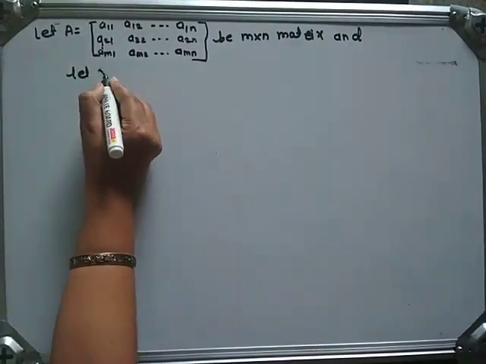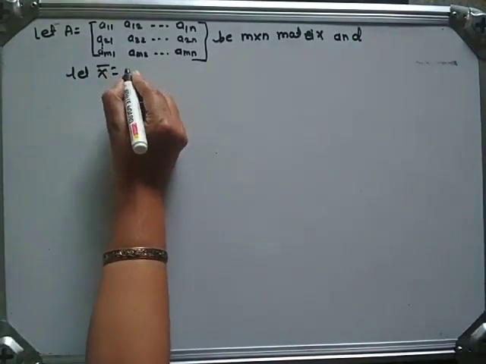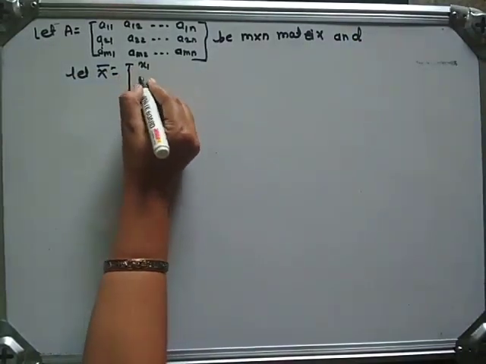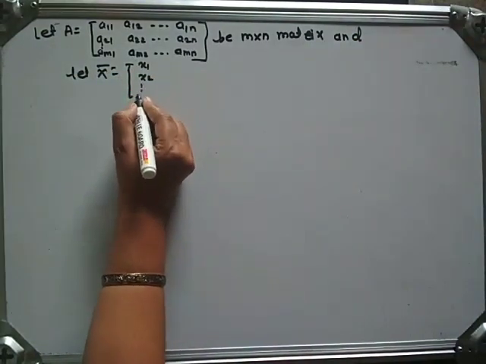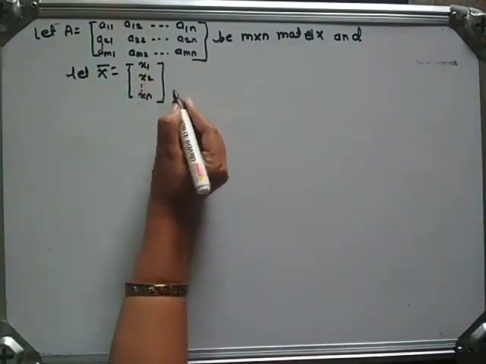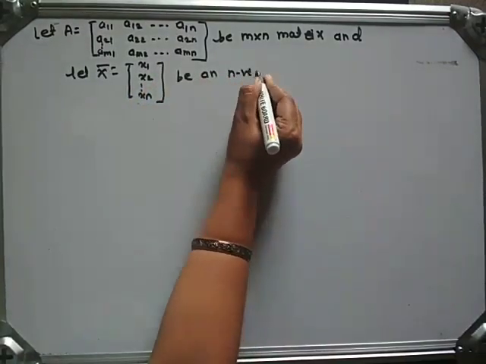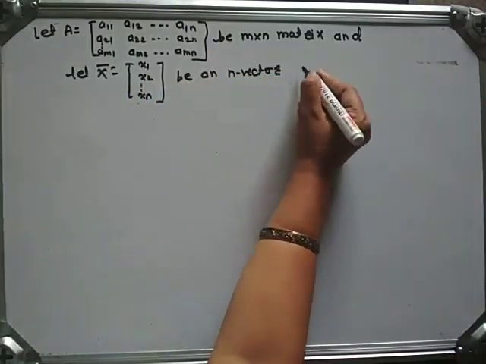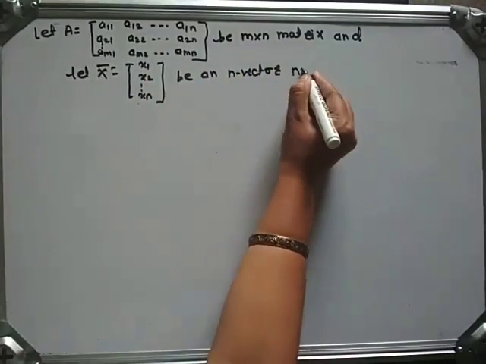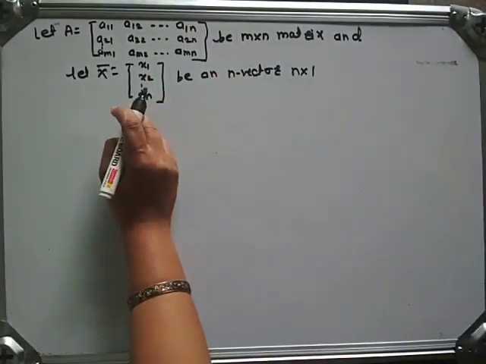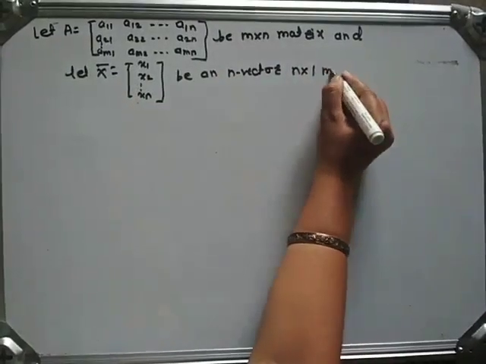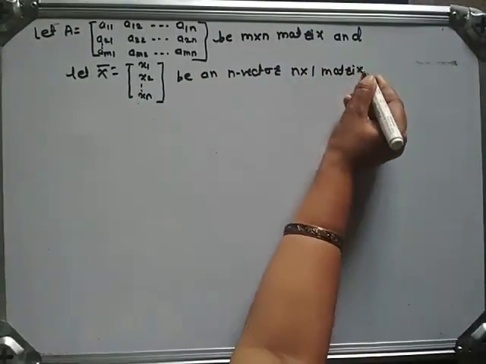let x bar equal x1, x2 and so on up to xn be an n vector, whose size is n by 1, since the number of rows is n and the column is 1. An n by 1 matrix.